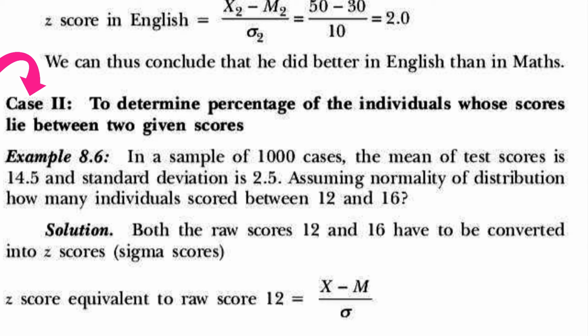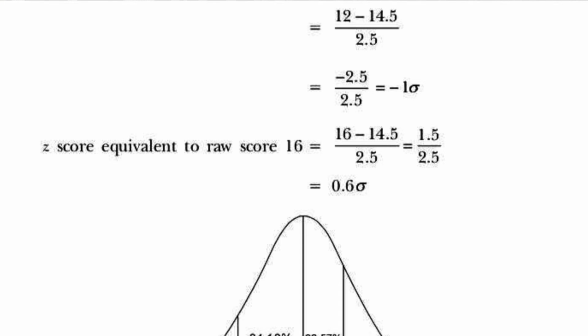By looking at the normal curve table, you will get 2257 out of 10,000, or 22.57% cases lie between mean and 0.6 sigma, which you can easily understand by looking at the normal curve. Here is the portion on which 22.57% lies.